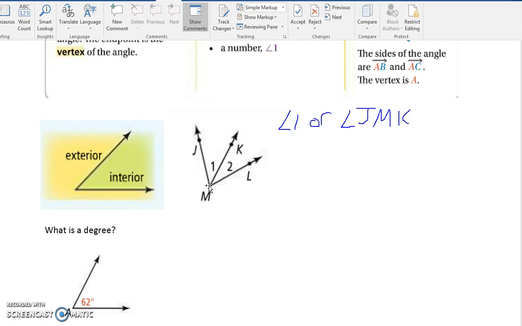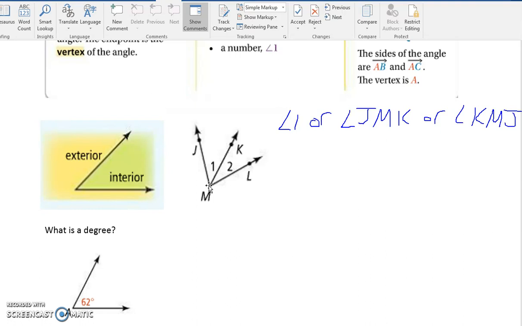We could just switch those letters around and say angle KMJ. Again, M is in the middle, so that's important. That's the vertex. It has to be in the middle. Those are really the only options we have for that.